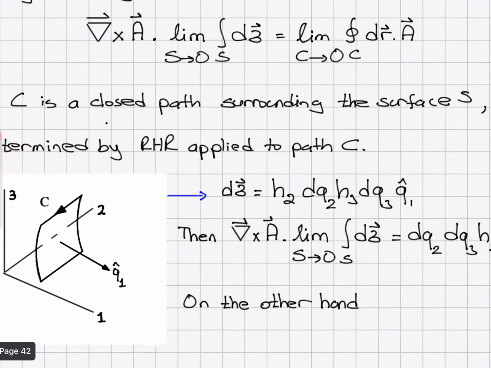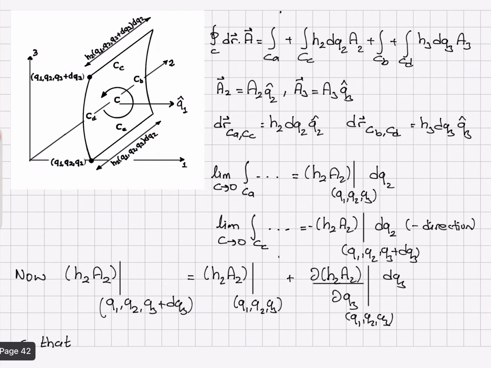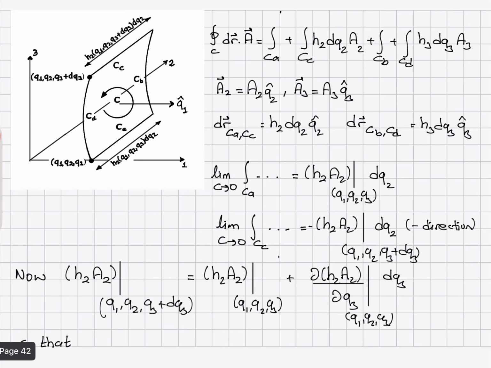I have only performed it for one of the surfaces here. So I have a closed path going from this point back to that point in the counterclockwise sense. I have divided that into 4 segments, CA, CB, CC, CD, and carefully looking at the scale factor values I have to use for those displacements, I have realized that I can do the Taylor series expansion for this top one and also for this segment where I'm at Q2 plus dQ2.